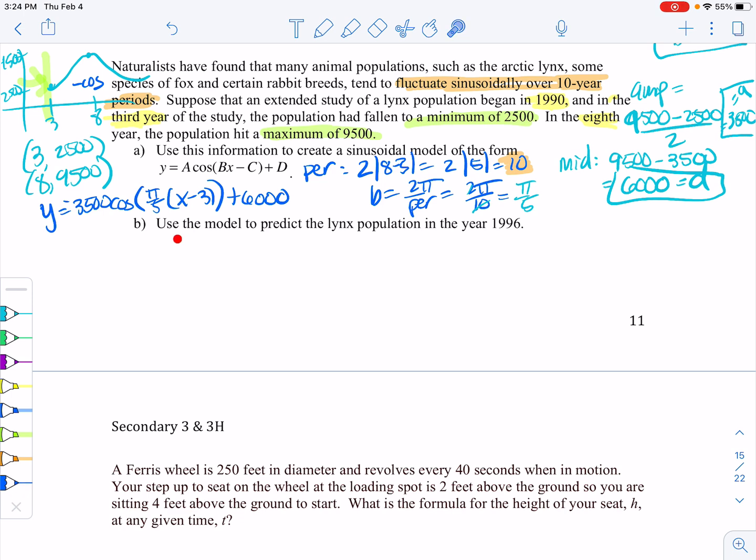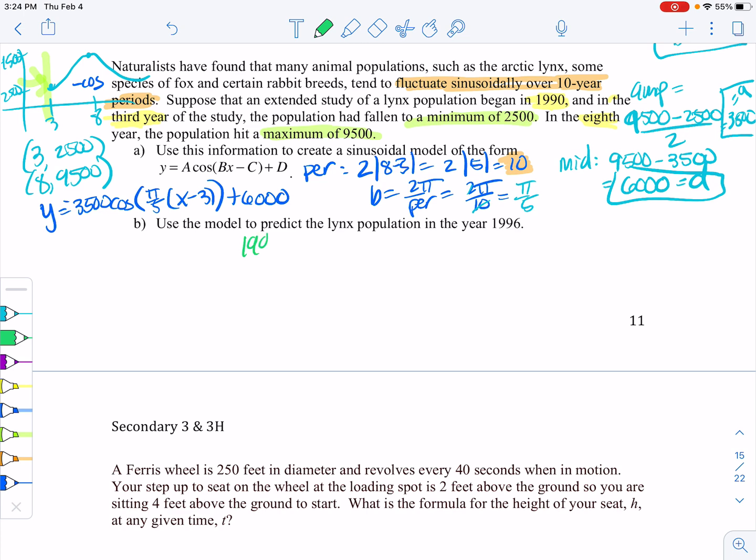So then it says use the model to predict the lynx population in the year 1996, which obviously it's not predicting now because it's past 1996, but when this information was from, 1996 hadn't happened yet. So now this is where we need to go back and look. The population study began in 1990. So 1996 is 6 years after that.